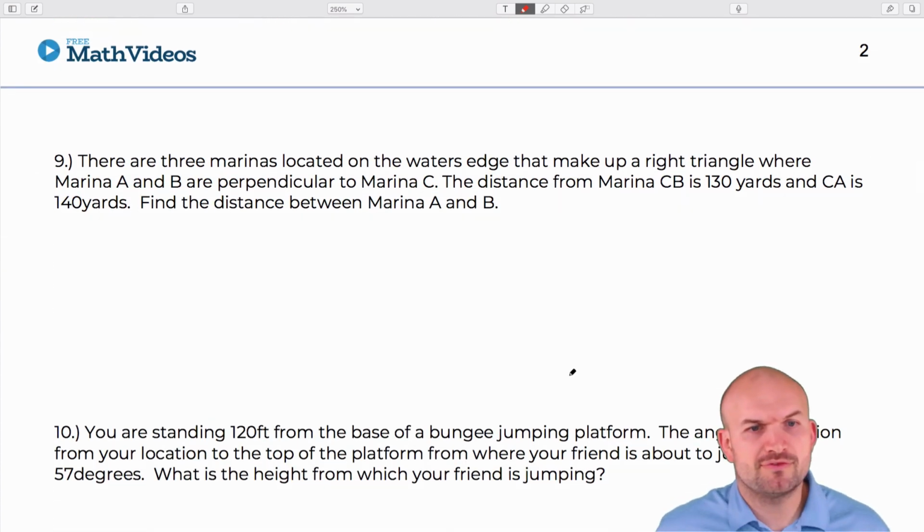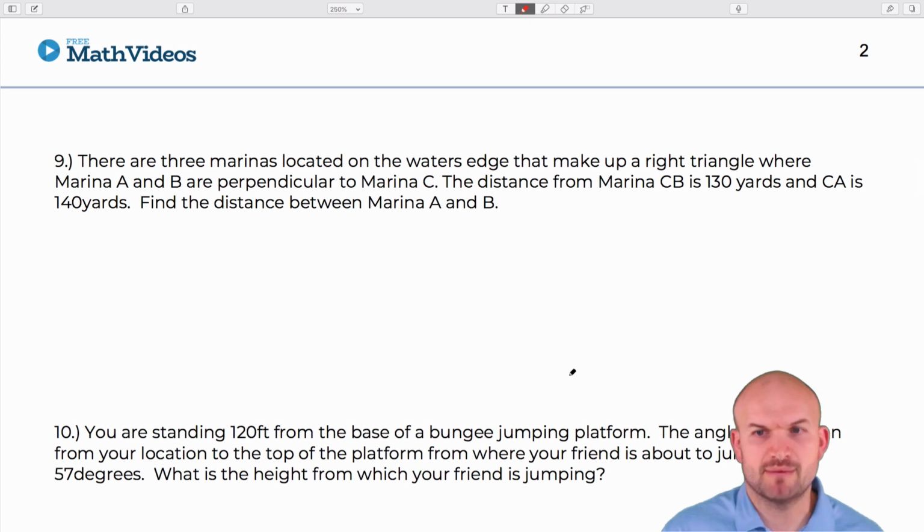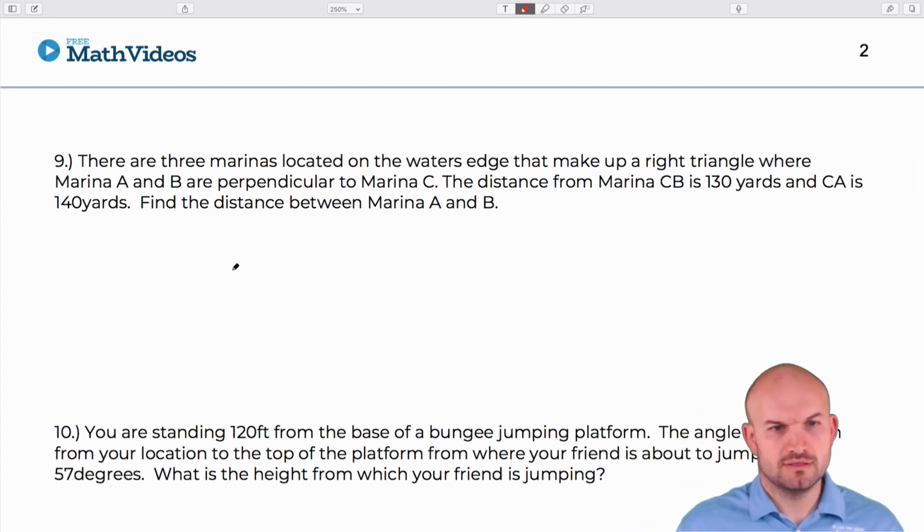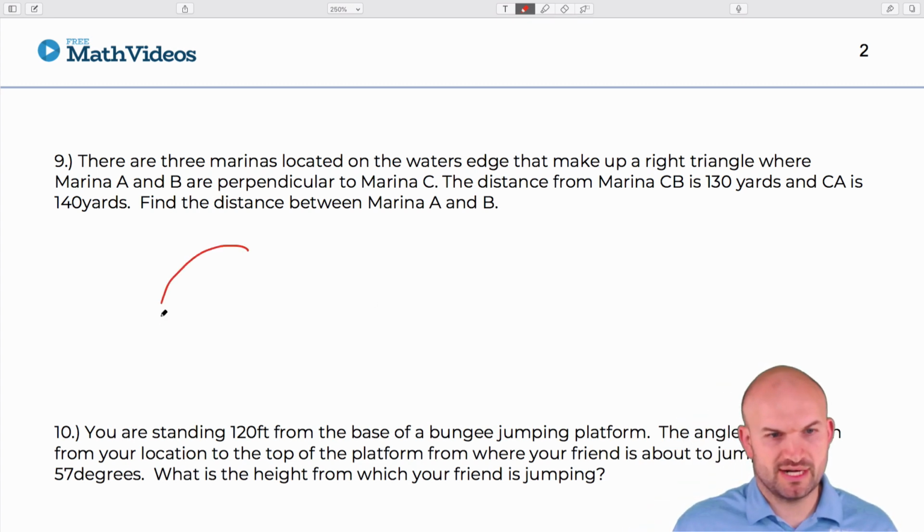All right, there are 3 marinas located on the water's edge that make up a right triangle, where Marina A and B are perpendicular to Marina C. Again, we're going to have a nice little water here. So A and B are perpendicular.